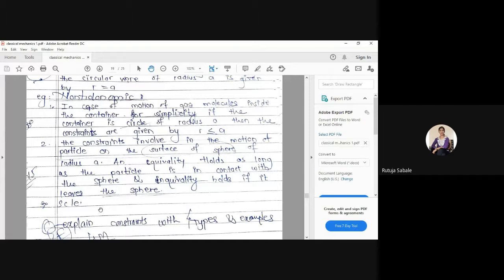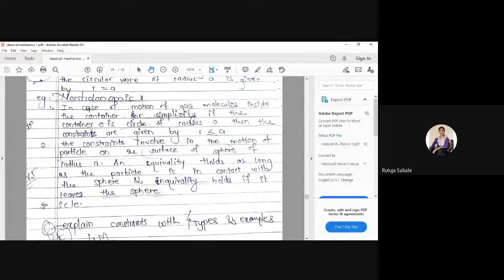They cannot come outside, and they can move only in that particular area. If you are considering a circle of radius a, then the restriction is r is less than or equal to a, where r is the distance covered by that particle and a is the radius of that circle, if we are considering a container here.